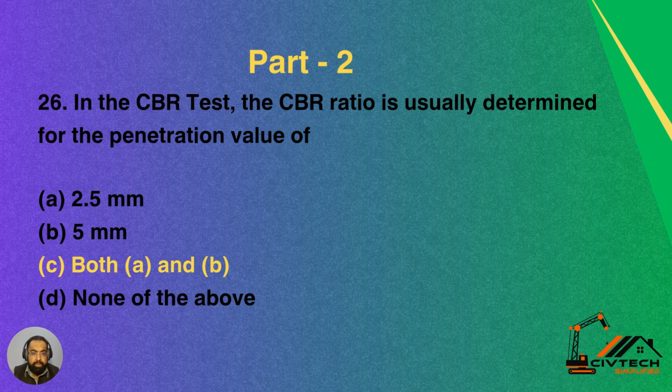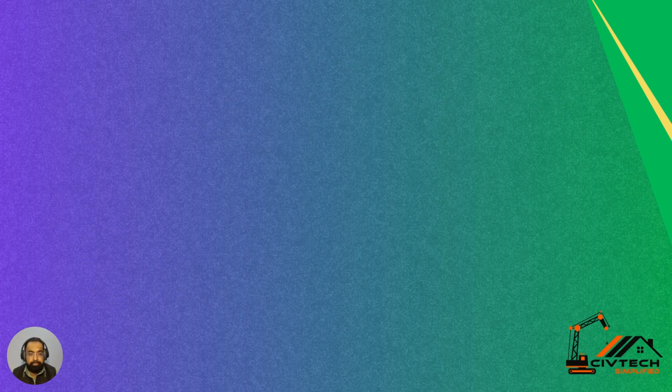Question is about CBR test, California Bearing Ratio test. The CBR ratio is usually determined for the penetration value of 2.5 and 5 mm. So both A as well as B option are correct. So option C here in this question is both A and B, which is the correct answer for this question.